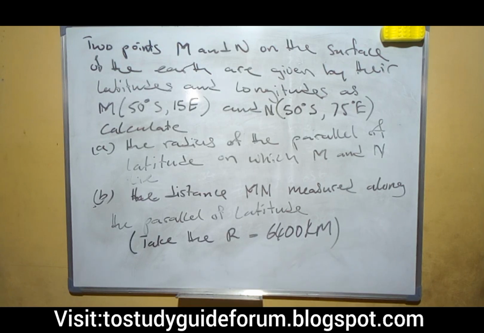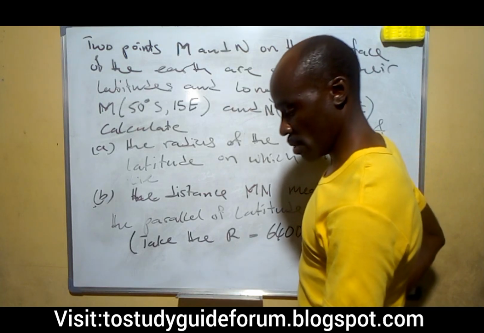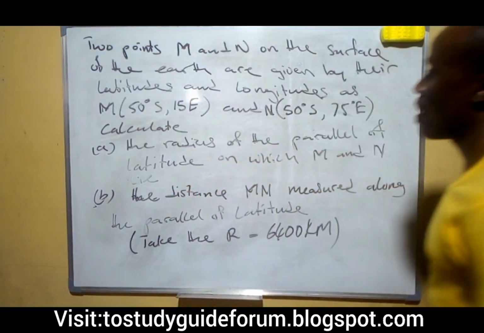The question says calculate A, the radius of the parallel of latitude on which M and N lie. B, the distance between M and N measured along the parallel of latitude. Take R, the radius of the Earth, to be equal to 6400 kilometers.